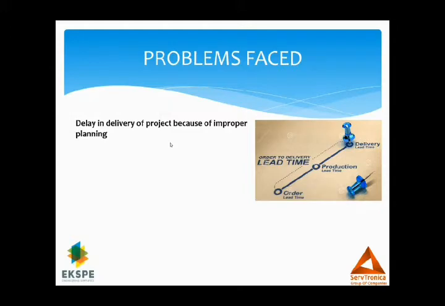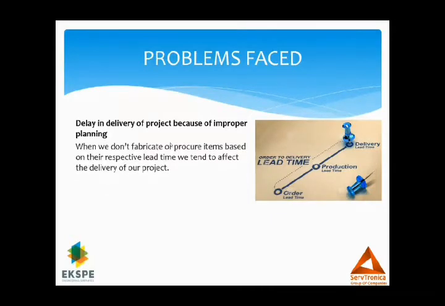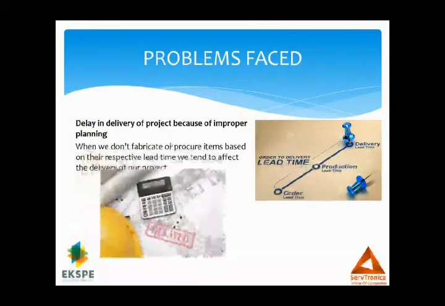Every manufacturing component has its own manufacturing lead time, and every purchase component has its own market available lead time. We need to plan according to the lead time of the components. If we do not plan it, we end up with the project getting delayed.